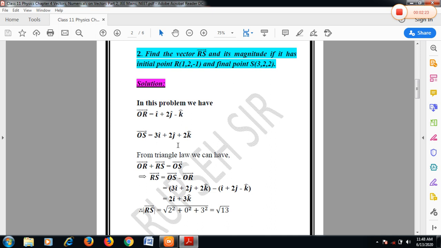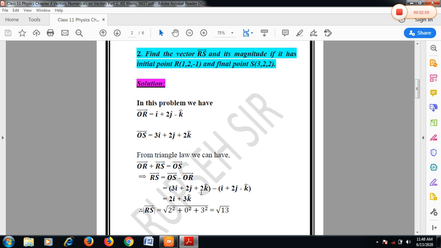Using the triangle law we have vector OR plus vector RS equals vector OS. So vector RS equals vector OS minus vector OR, which results in (3 i cap plus 2 j cap plus 2 k cap) minus (i cap plus 2 j cap minus k cap).